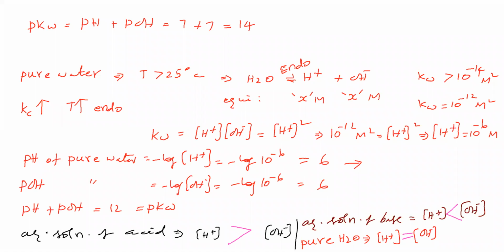Now I will give some points. If the concentration of H plus is equal to the concentration of OH minus in a solution, then you have to say that it is neutral.